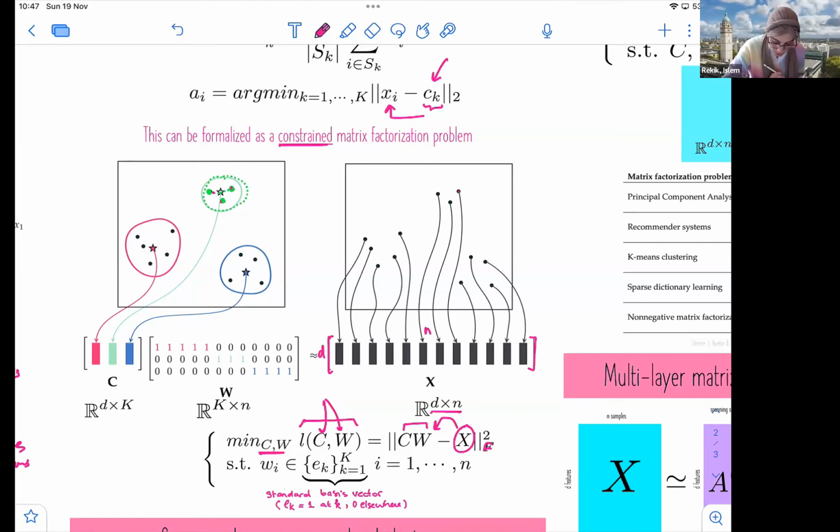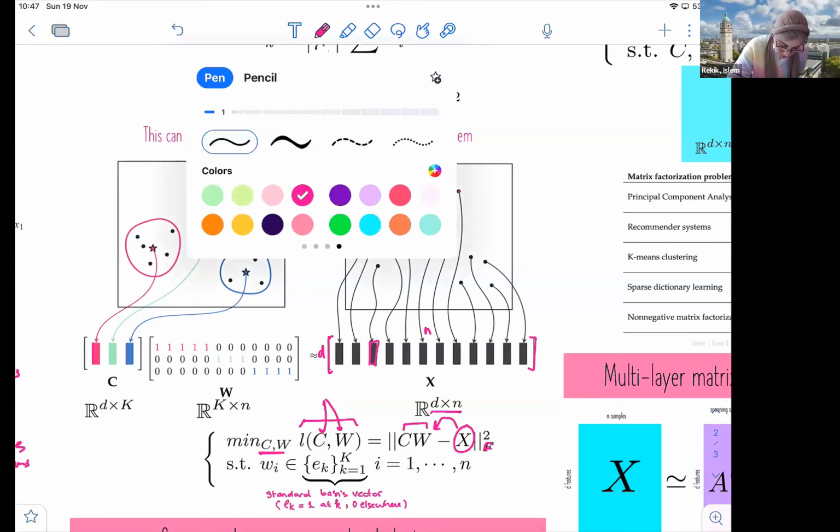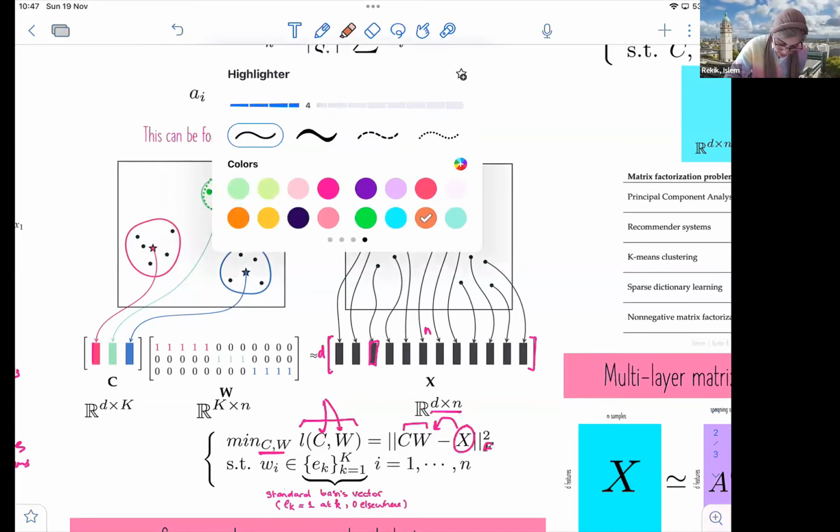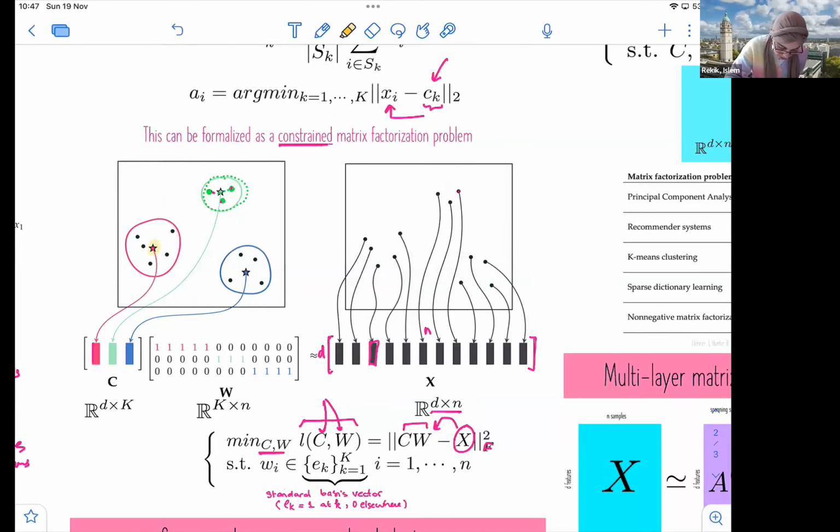And what we want to do is represent each sample as a multiplication, or into a new space spanned by the centroids. So let's choose a different color maybe to represent this. Okay, so we have centroid 1, centroid 2, centroid 3.